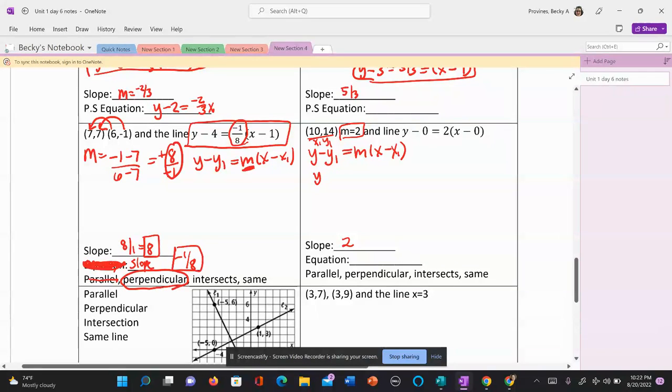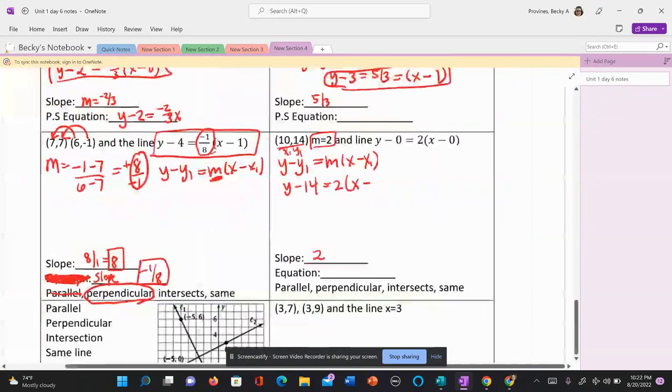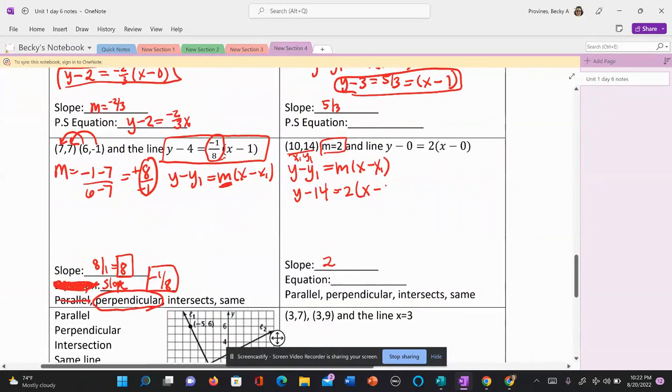All right, so let's label this. Let's plug it in. So y minus 14 equals 2, and x minus, oh my, x minus 10. All right, so the equation, what they're asking you is to write something like that.